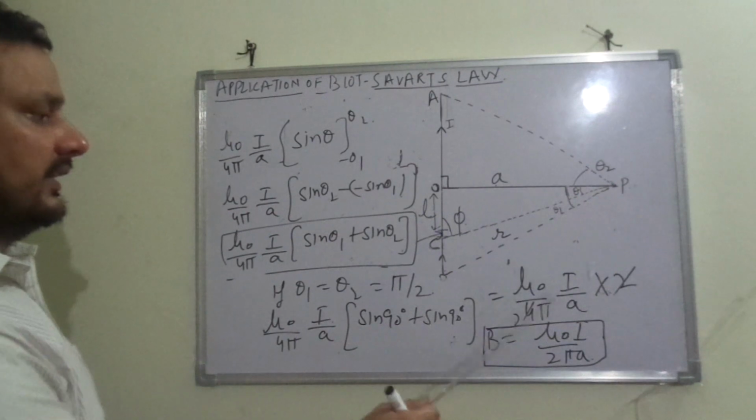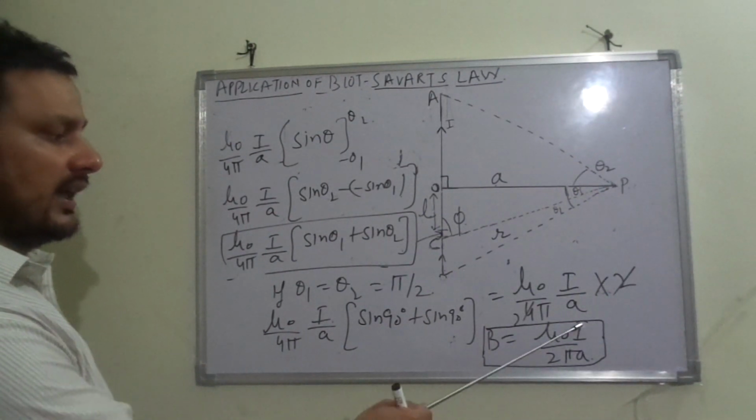Students, we finally obtain the expression B equal to mu naught I upon 2 pi A.